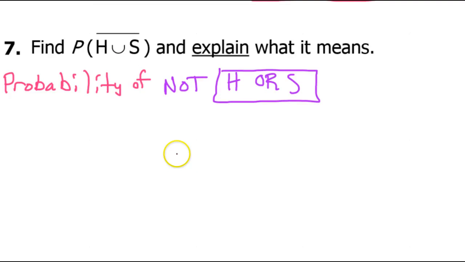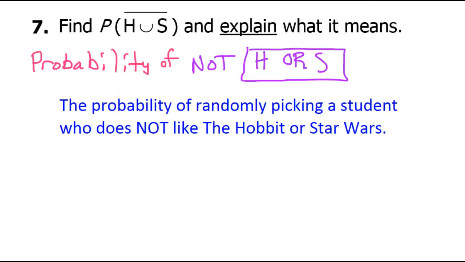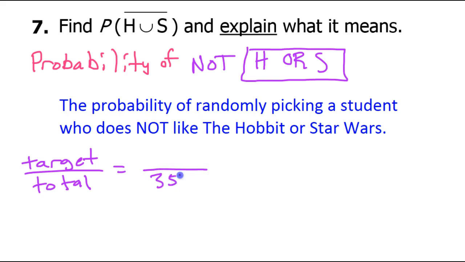So this is definitely going to be a target over total problem. If I put that into words, I'm looking for the probability of randomly picking a student who does not like The Hobbit or Star Wars. That's what this all means. Since we're doing probability, we're going to do target over total. Again, the total is going to be 350 because that was the total number of students surveyed.